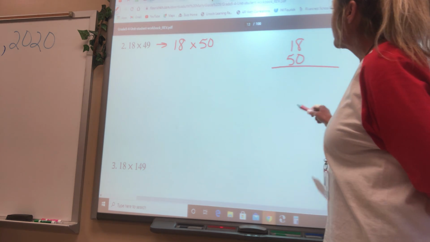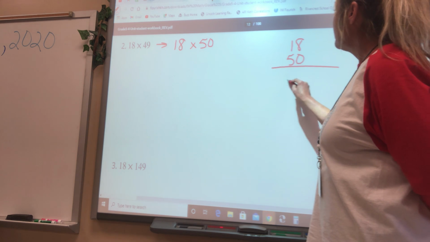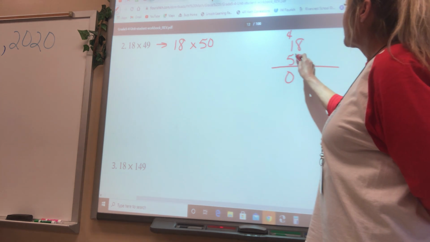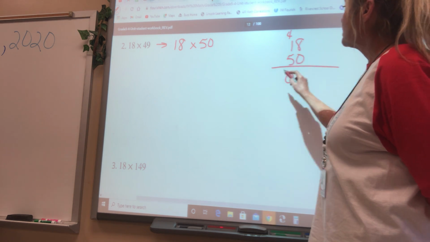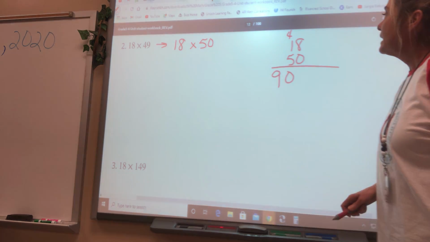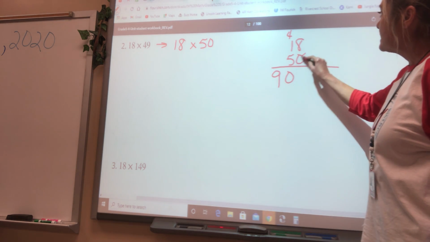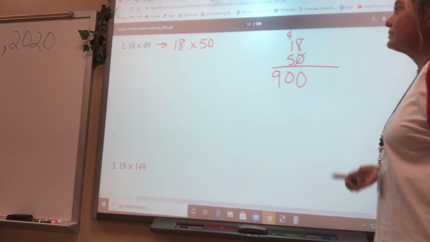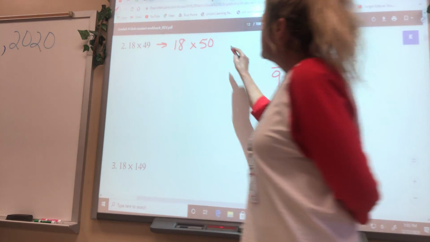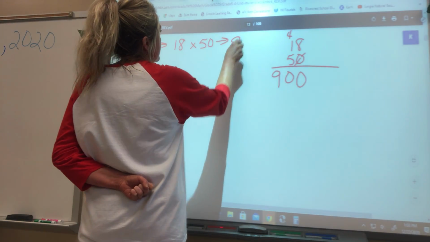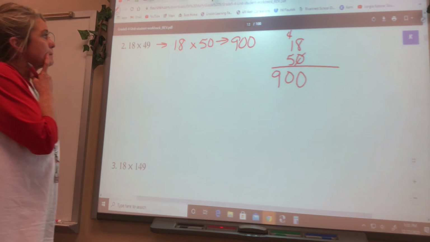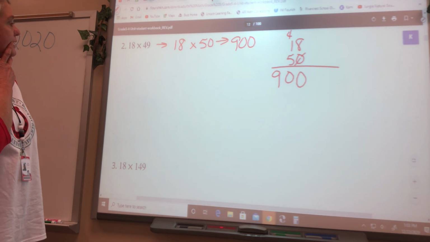I can do my quick math. 5 times 8 is 40. 5 times 1 is 5, plus 4 is 9. And then I had one place value of multiple of 10 that I hadn't used yet. So if this is 900, I can do quick math to find that one.